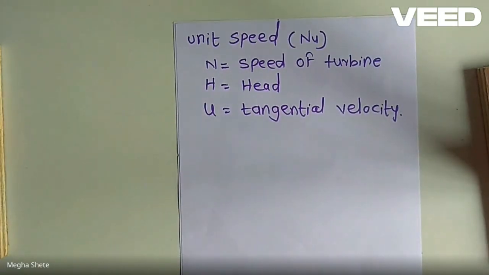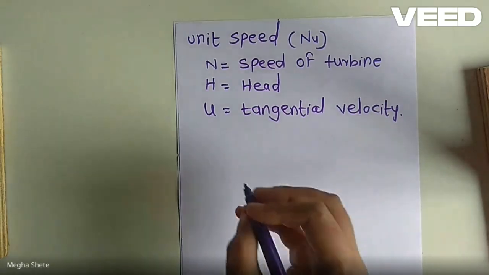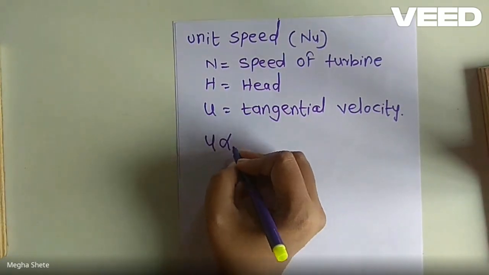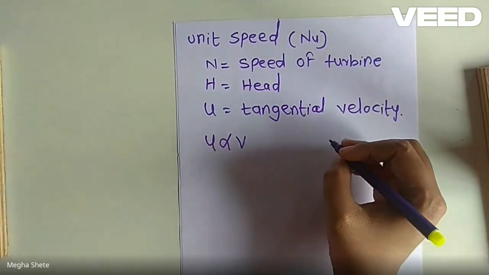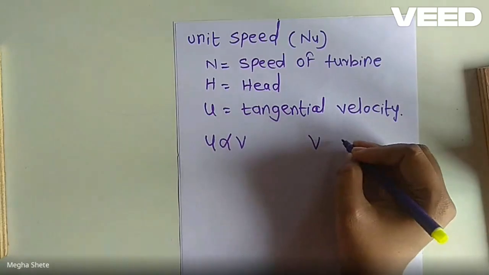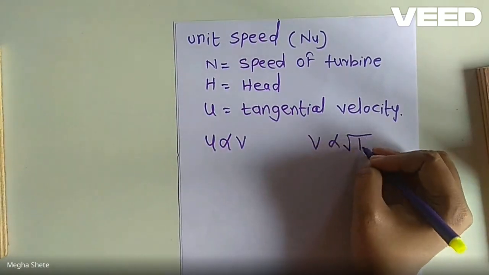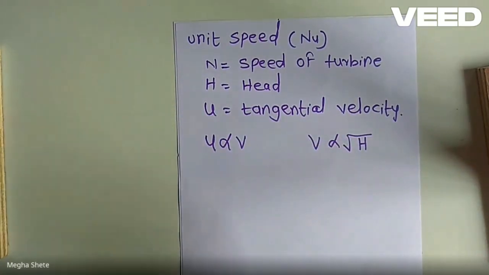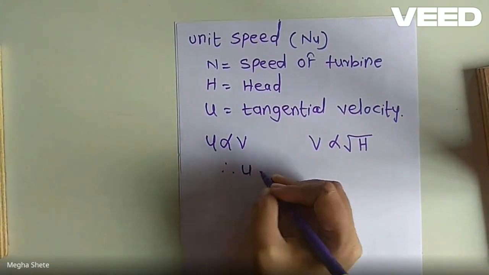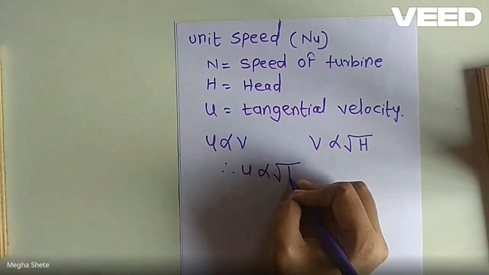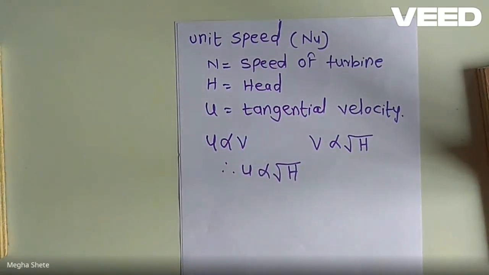As we know, the tangential velocity, absolute velocity of water and the head on the turbine are related as below. U is proportional to V, where V is proportional to square root of H. Therefore, U is proportional to square root of H.